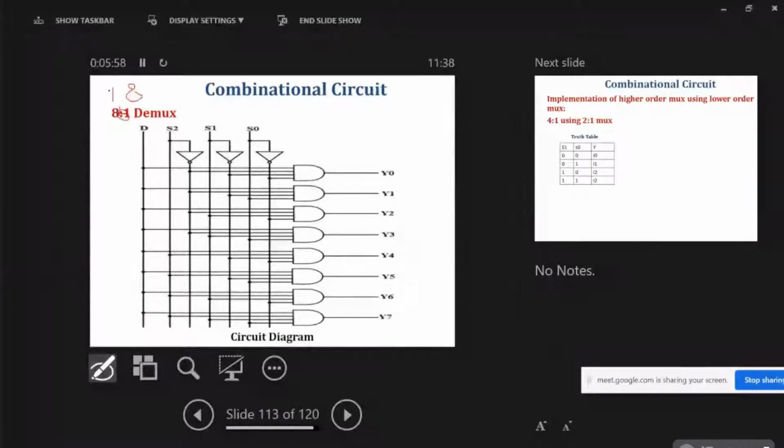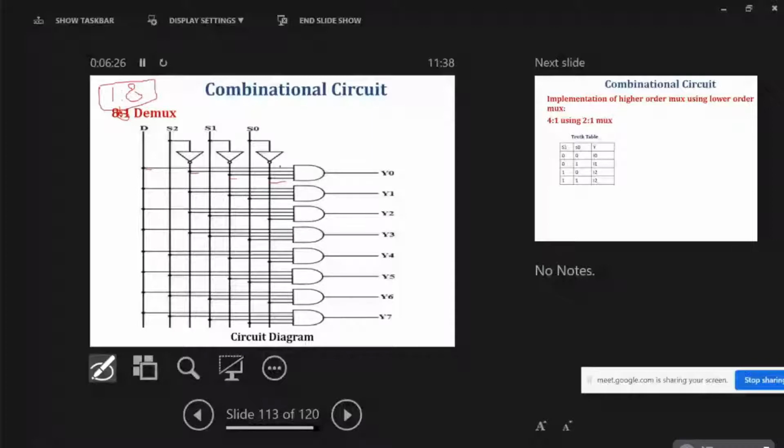For the implementation, if we observe, y0 is S2 dash, S1 dash, S0 dash, and D. So y0 will be this: S2 dash, S1 dash, S0 dash, and D. These four lines will be the input of this first AND gate.